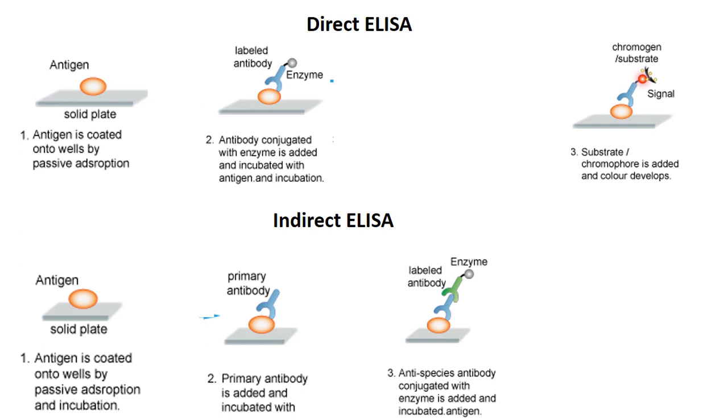The secondary antibody binds to the Fc portion of the antibody from your blood, and it contains a secondary enzyme. And then at that stage you add the substrate and you get a signal color change.